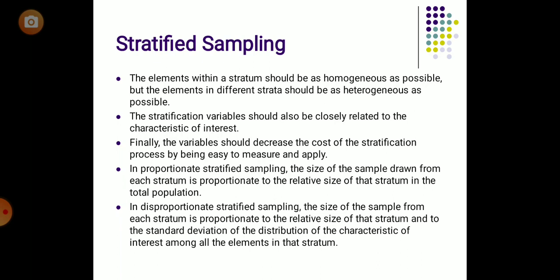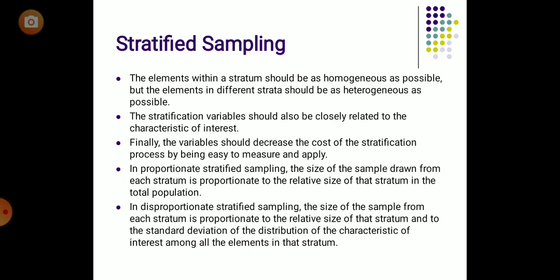So the basic characteristic of stratified sampling is that within a group it should be homogeneous and between groups it should be heterogeneous. The MBA group and the MCA group are heterogeneous, but within the MCA group they are homogeneous. After that, we are going to select a few elements from each and every group.